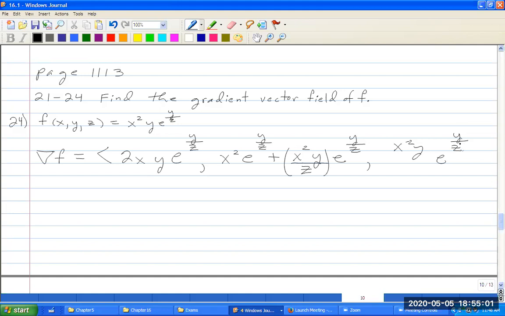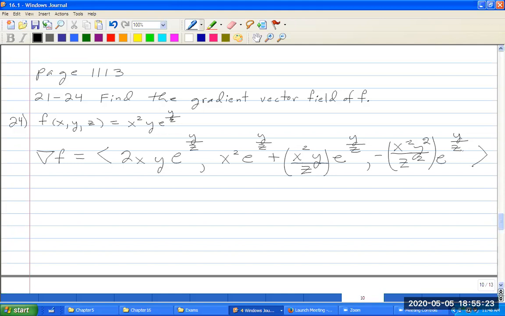Well, the derivative of the constant y is just y, so this becomes y squared, times the derivative of z to the minus 1, which is just minus z to the minus 2. And that is your answer.